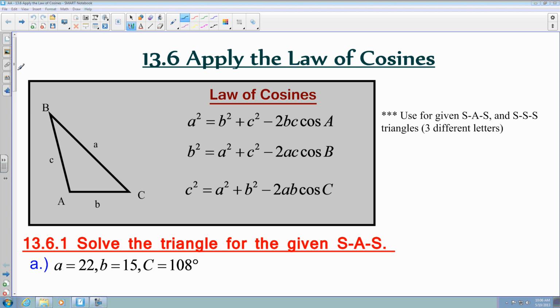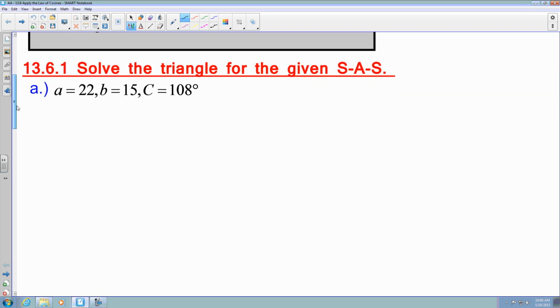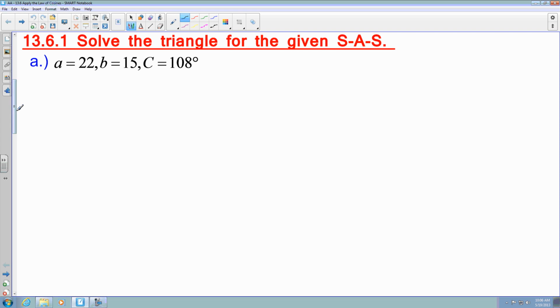If we look at our examples, here it says we're going to try to solve triangles given side, angle, side. To show that it's side, angle, side, let's draw a triangle. I'll draw any kind of triangle like this, and label the angles A, B, and C, which means the opposite side is small a, small b, and small c.